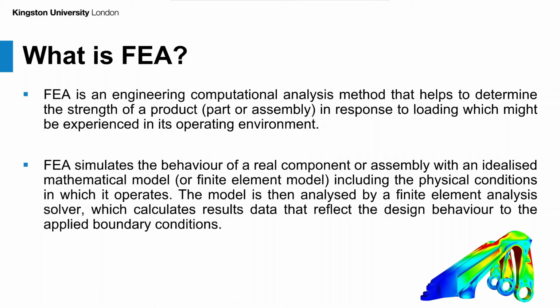So what we're aiming to do within FEA is apply finite element mathematical expressions on the actual model we have, to predict what kind of response the product will have in its operating environment, whether the design is going to fail and not fulfill what it's meant for.